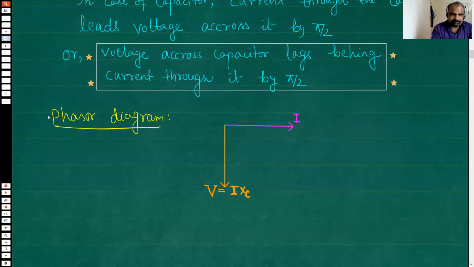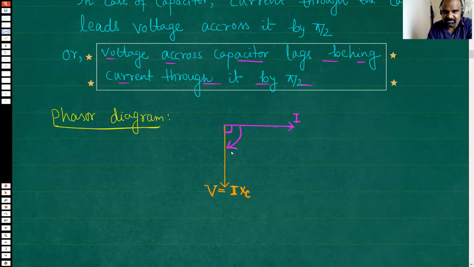Any problem? You will notice here that voltage across capacitor lags behind current through it by pi by 2. So this was current, this is voltage. Voltage is lagging behind. Okay, enough.